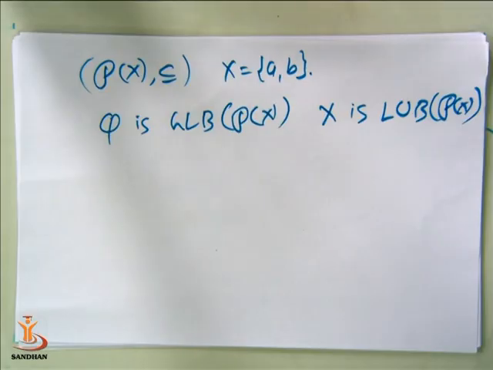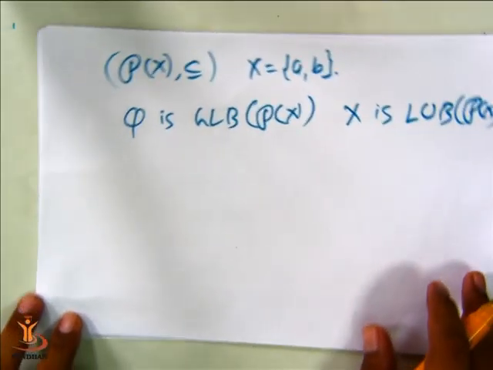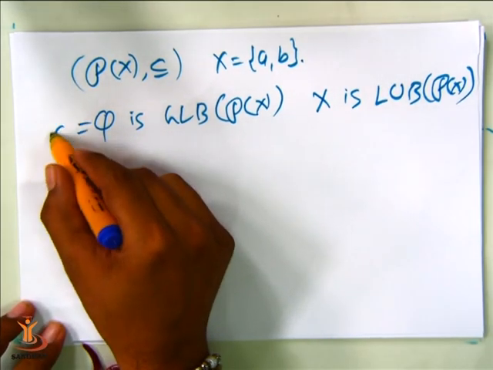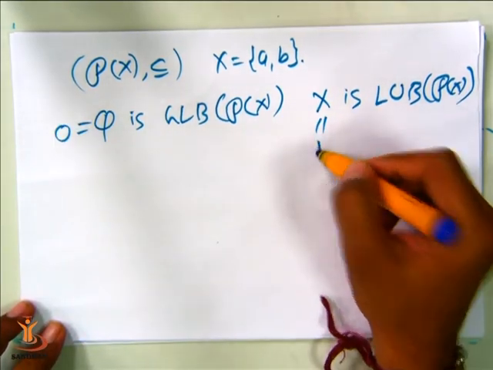For example, in the power set of X, the 0 element is phi and X is the 1 element.